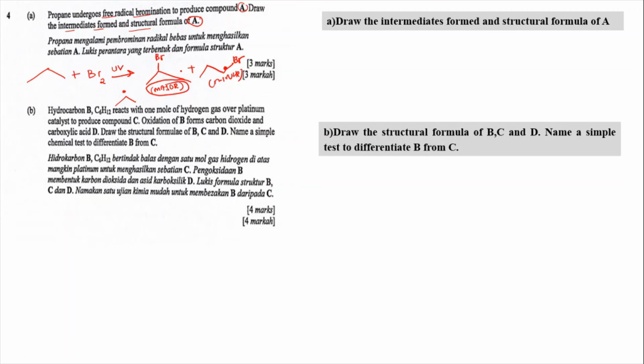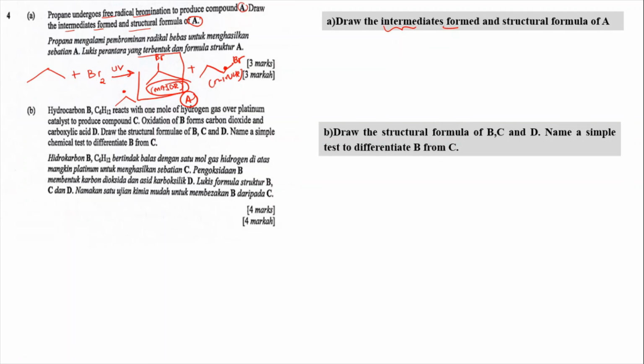Almost 90% is going to be this part here. So for the equation A, they ask us to draw the intermediates and the structural formula of A. So from the reaction we're going to produce our A here, which is the major product. As for the intermediates, it basically comes from the mechanism, but you don't have to show them.